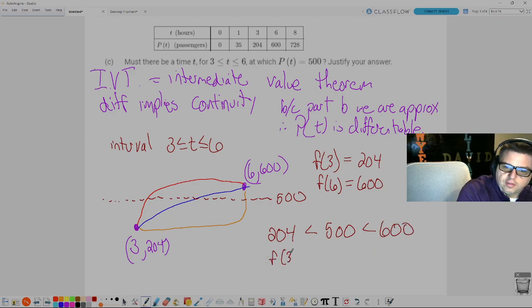Therefore, f of 3 is less than or equal to 500, less than or equal to 600, f of 6, and you could even put f of c here.